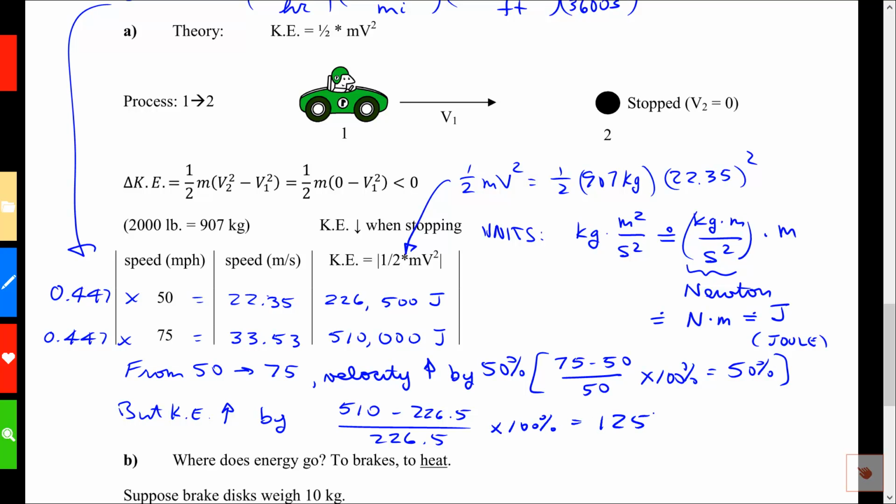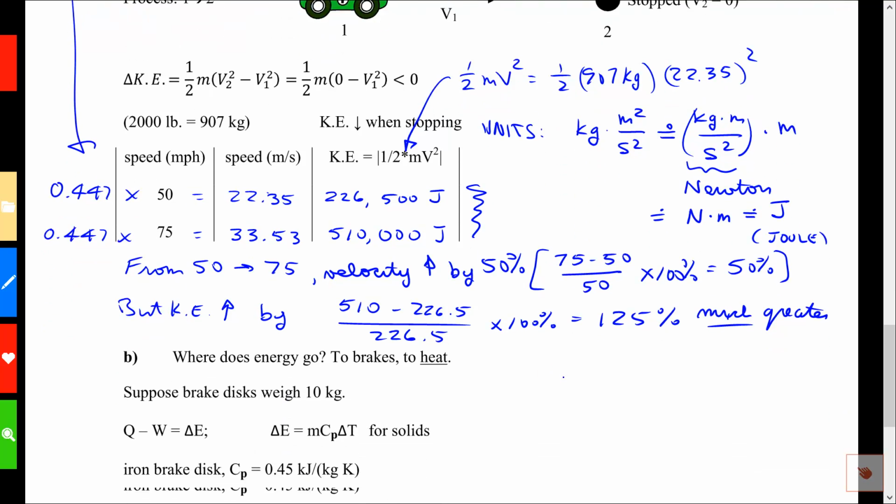That's a change of 125%, much larger, much greater. This is because the kinetic energy goes by the square of the velocity. All right, so here's the energy that's lost for these two velocities.